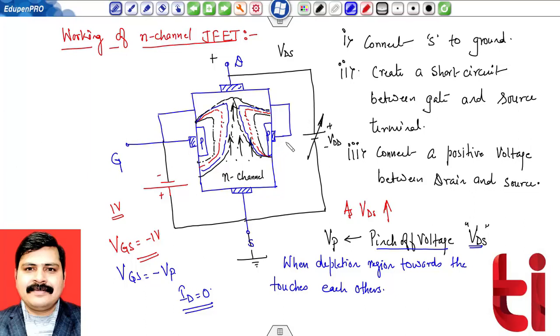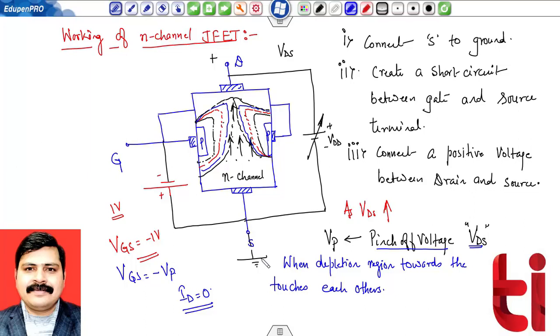So let me discuss the changes. Here the channel will be of P type, the two semiconductors will be of N type, and there will be 3 terminals. Accordingly we have to connect a variable supply between drain and source.